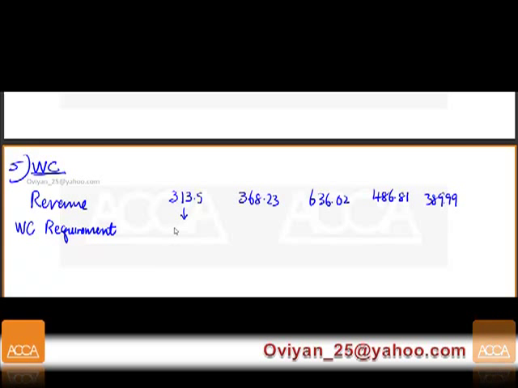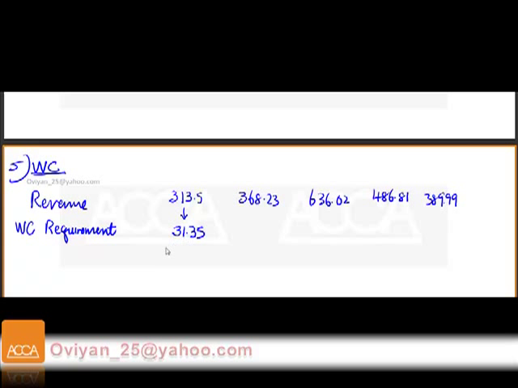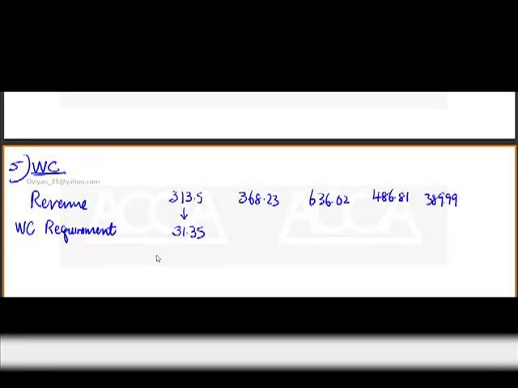This is your working capital requirement, 31.35. Remember, this is still in year 1. The requirements are not your cash flows. This is what you require in the first year.